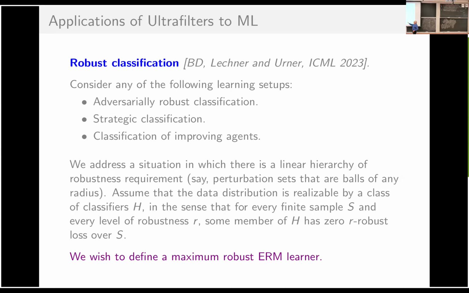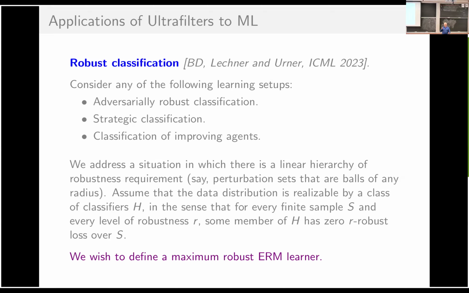And assume that you have a data distribution that's realizable by a class H, in the sense that for every finite sample and any level of robustness, I have in H a classifier that is so robust for the sample that it has zero robust loss on this sample. In many cases of robust classification, you assume that the perturbations are fixed, but assume that you don't know what the possible perturbations of the user are.